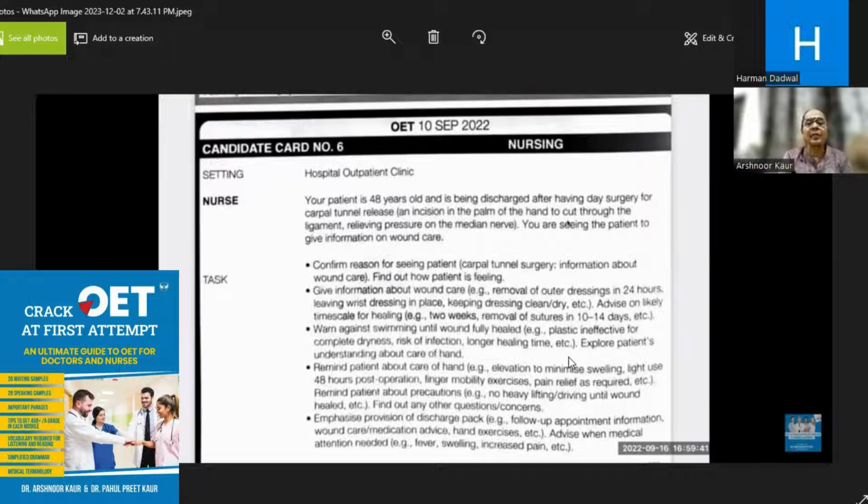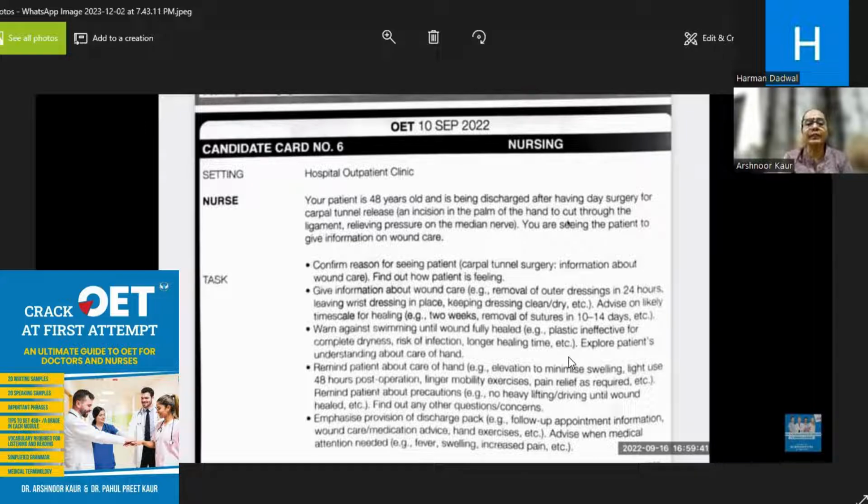Next, give information about wound care. As the patient is being discharged, you have to tell him, Harry, we have already given you analgesia, the effect of which will stay for 5 to 6 hours. After that, you should start with the oral medication. You need to take the medicine prescribed by the doctor regularly, so that there is no complication with the wound.